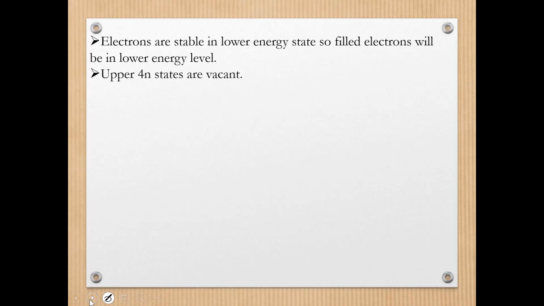Upper 4n states are vacant. The combination of energy states is called an energy band.